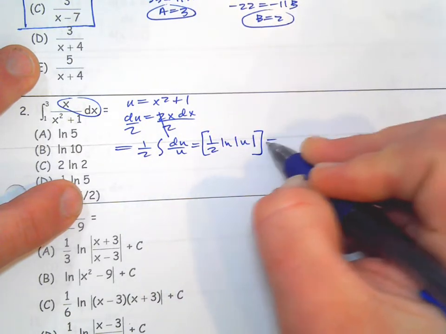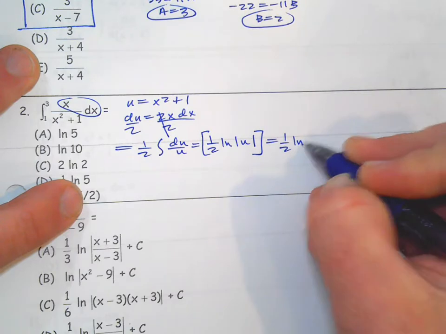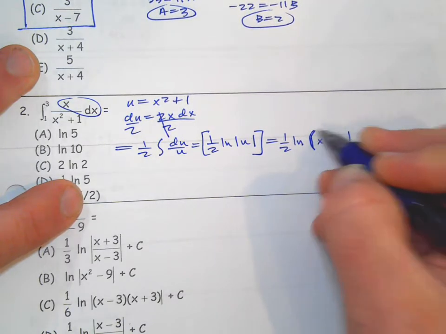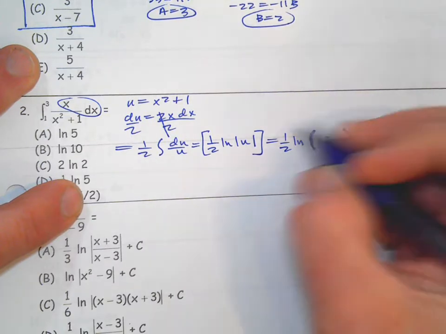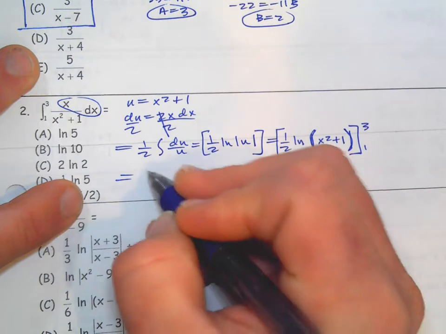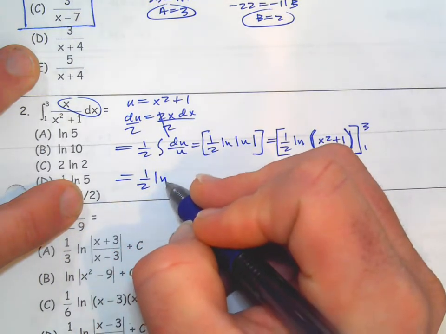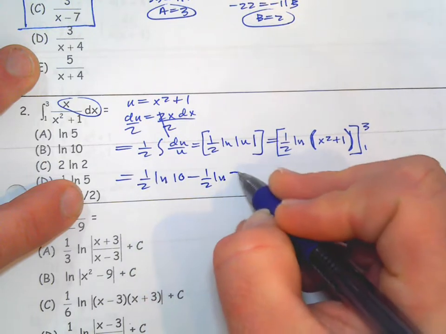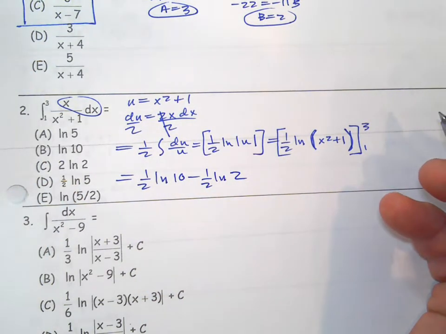We need to change it back in terms of the original variable: the absolute value of x squared plus 1, and the absolute value is unnecessary because it's going to be positive no matter what. I'm going to plug limits back in: 1/2 natural log of 10 minus 1/2 natural log of 2, which isn't on this list, no surprise.